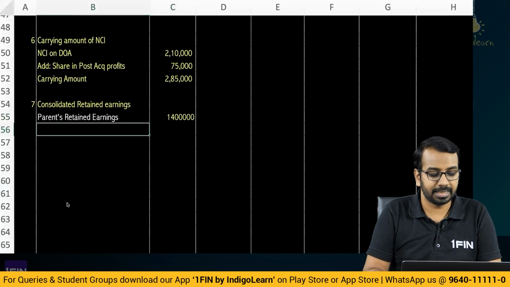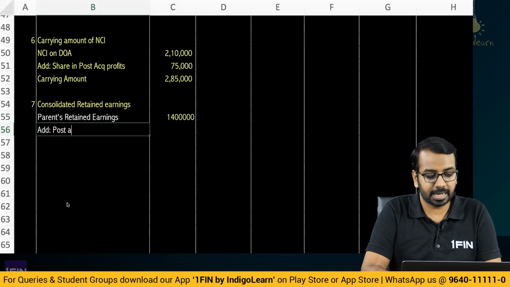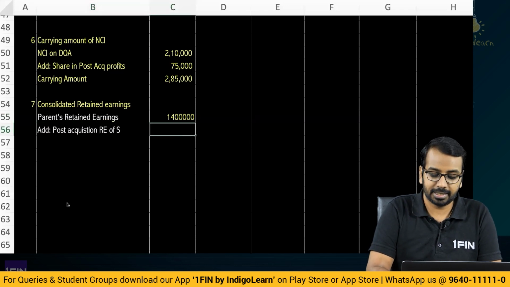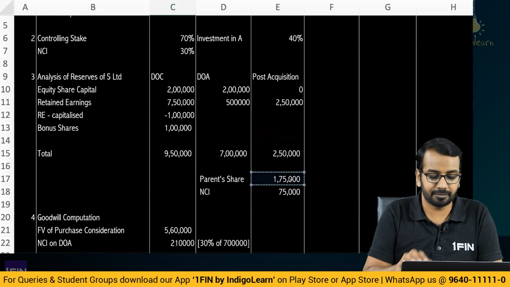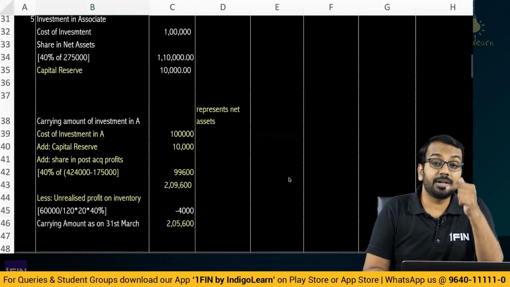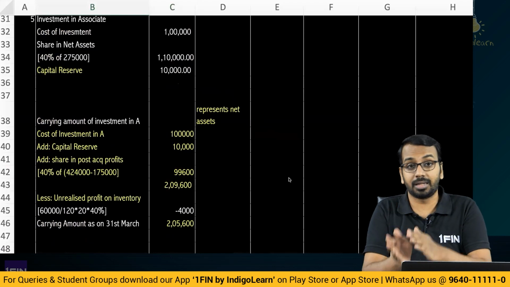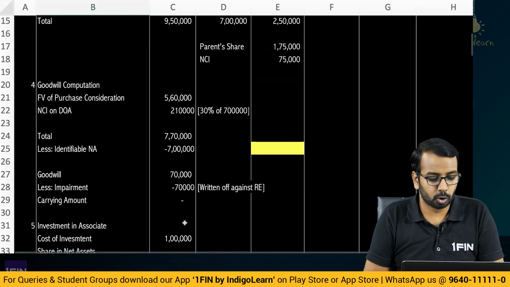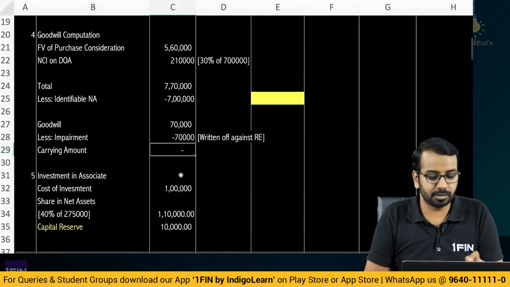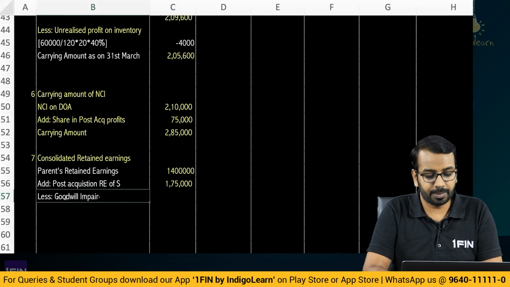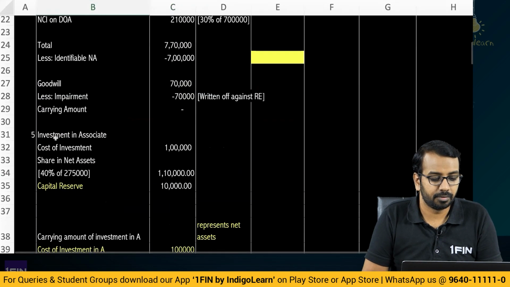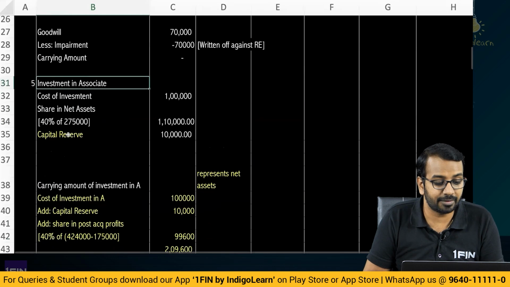Then add post acquisition retained earning of S. That will come from the previous working note. Post acquisition is 175. Then wherever we have done impairment, unrealized, all of that we have to adjust. So goodwill, here we have impaired 70,000, that we will write off.